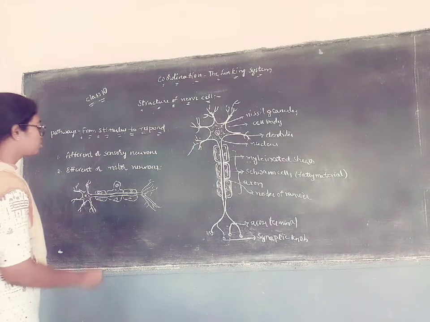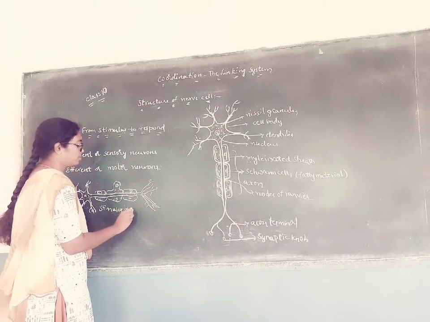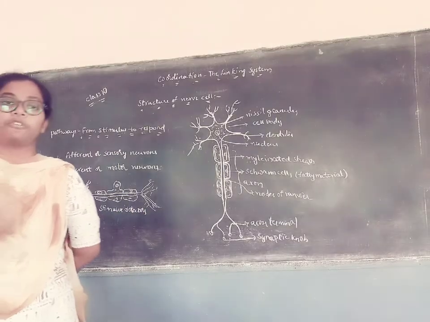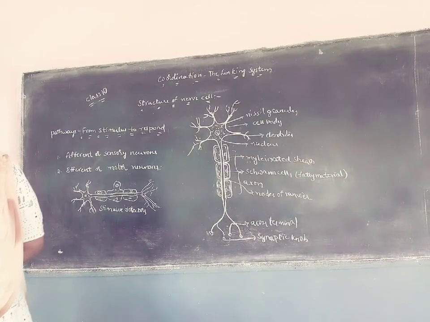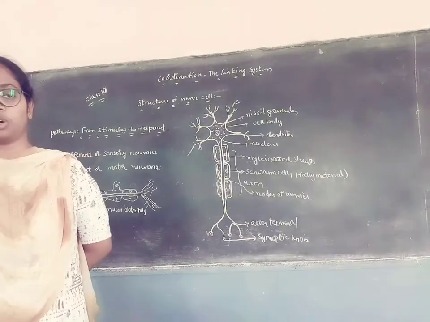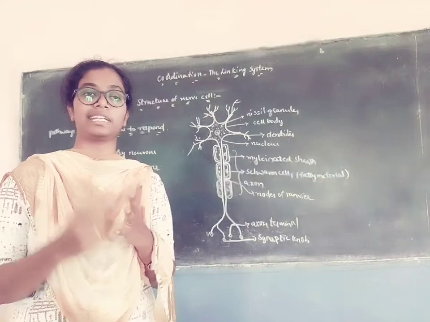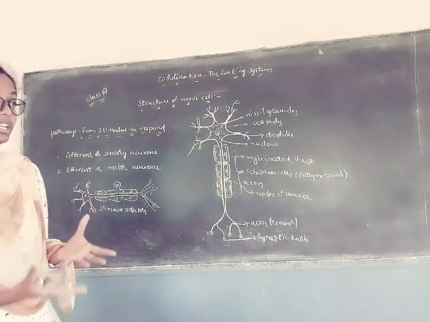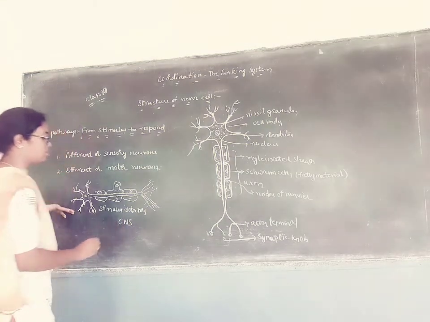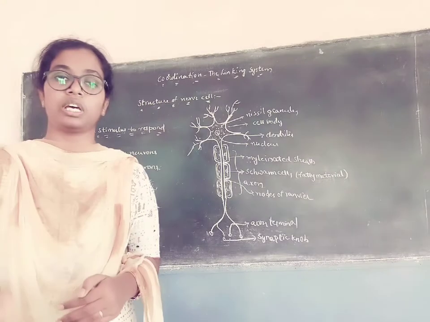So from the different sense organs, it will get information, and that information is transported to the CNS, the Central Nervous System. Okay, from here again the message will pass on.